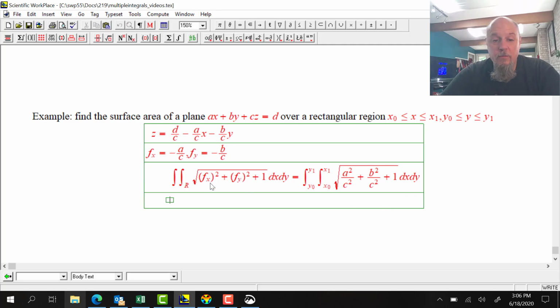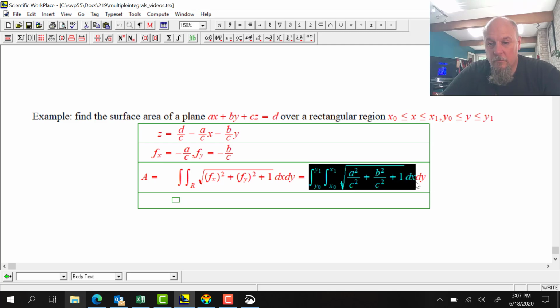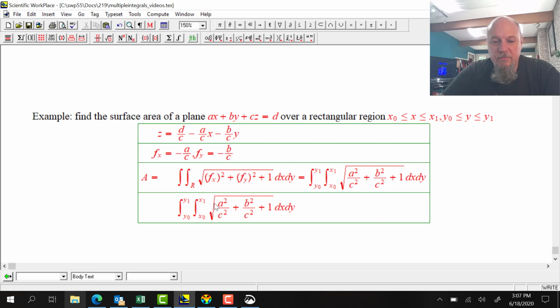All right, let's solve. This is the area equals. Now, what do we got here? This is all, there's no x's or y's in here, so this is just going to be a constant. When I integrate it with respect to x, that's going to be this expression times x from x0 to x1.